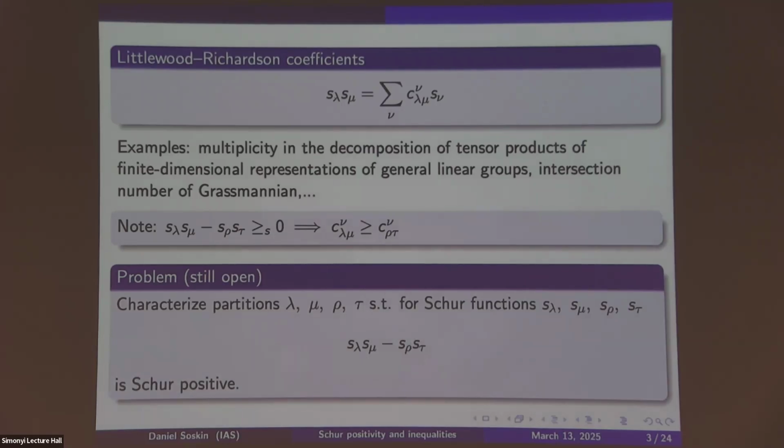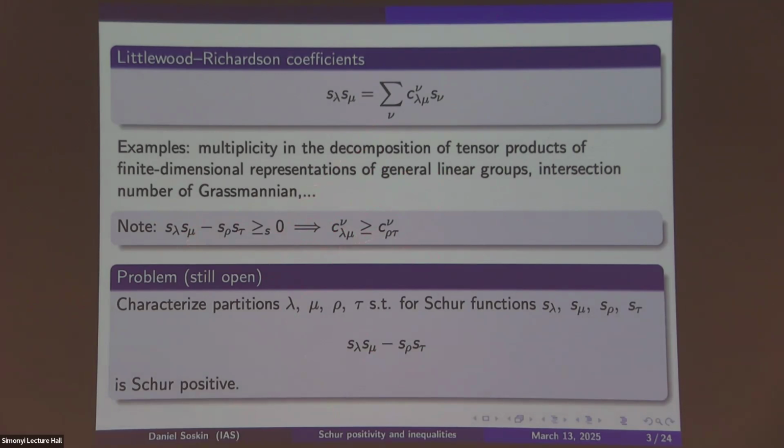Is that an if and only if there? No, it's just a one direction implication. So sorry, then I don't get the definition. I thought that this is the definition, if this holds for every nu. Oh yeah, if this holds for every nu, then yes, you can write this difference. The definition of Schur positive?